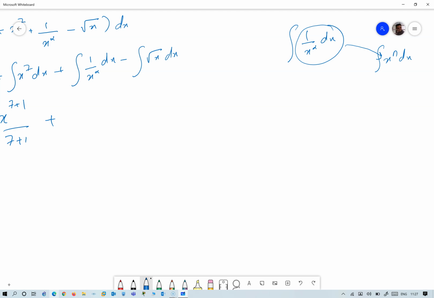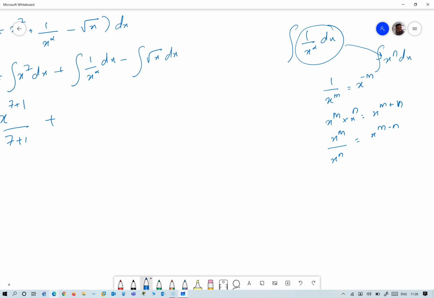One rule of indices says that 1 over x to the power m is equal to x to the power negative m. You have several rules of indices, some of which are x to the power m times x to the power n is x to the power m plus n. x to the power m over x to the power n is x to the power m minus n.